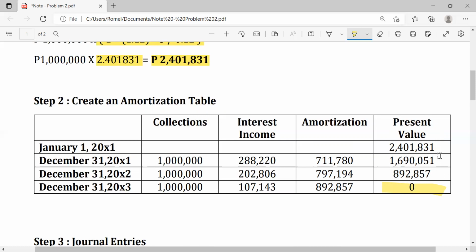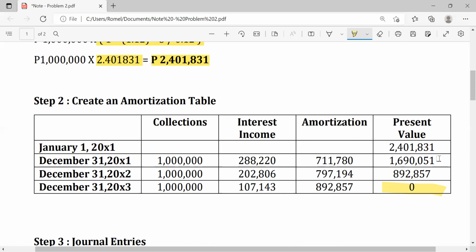So pababa siya ng pababa. The question is, bakit ganun? Bakit pag installment collections, bakit pababa ng pababa ang present value? It is because year after year, we will be collecting a part of the principal. So syempre, yung principal, year after year, nababawasan siya.